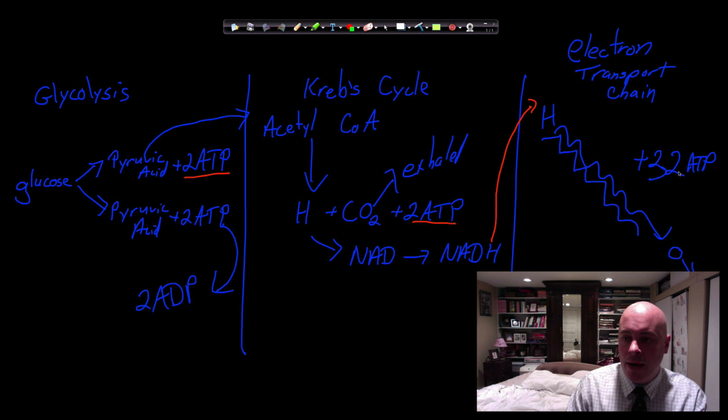Okay, so now we have 32 molecules of ATP created from the electron transport chain. We have 2 molecules from the Krebs cycle and 2 molecules from glycolysis. So we have a total of 36 molecules of ATP produced by aerobic respiration.